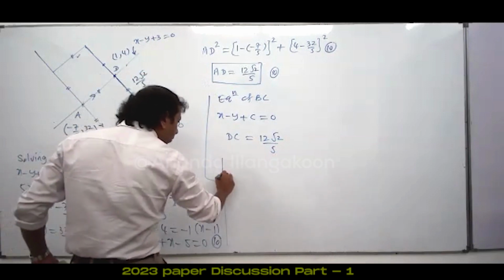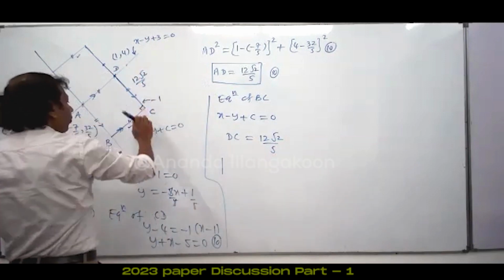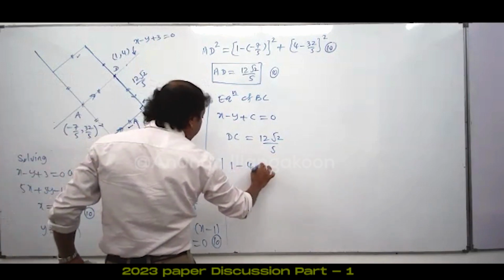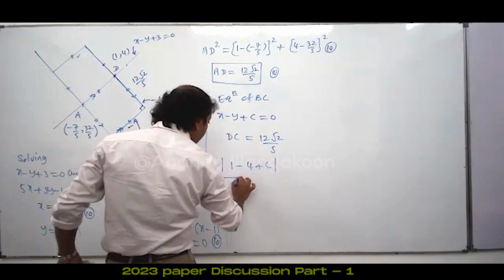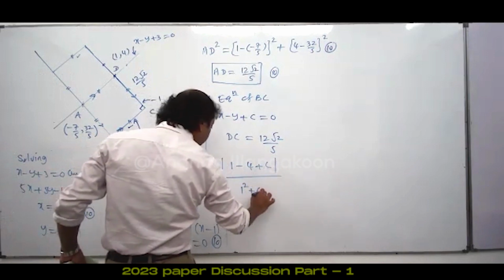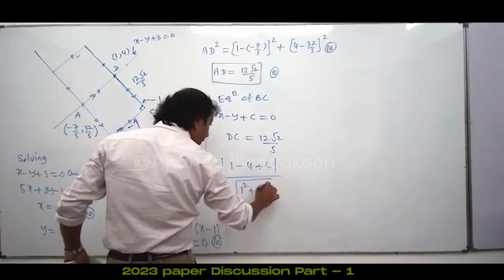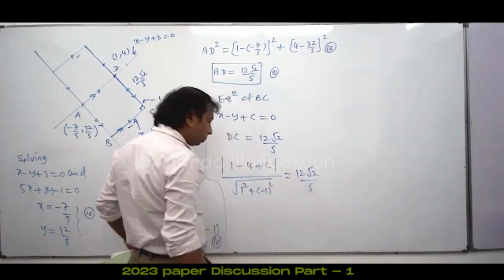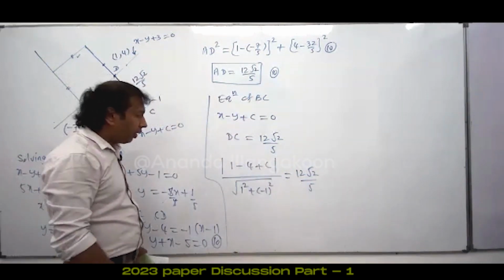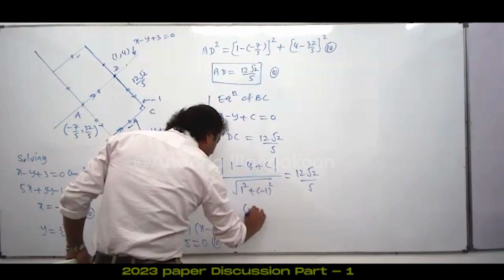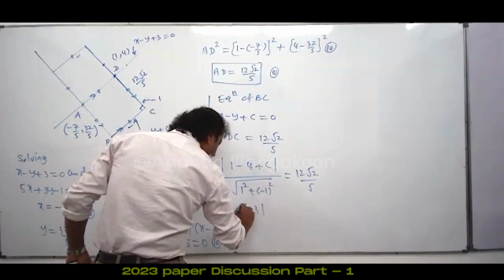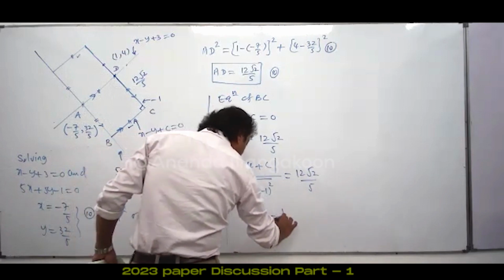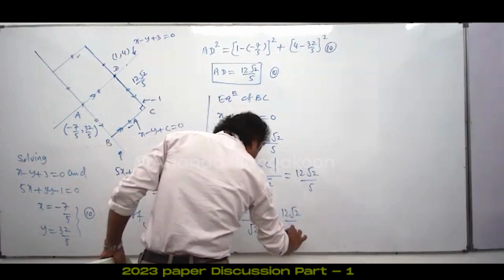DC length now we are going to find. Put this 1 and 4 for x and y. 1 minus 4 plus 3 modulus divided by square root of 1 square plus minus 1 square. This is equal to this 12 root 2 by 5. Now we can simplify. Here what do you get? 3 minus 3 modulus. This is root 2. Here 12 root 2 divided by 5.